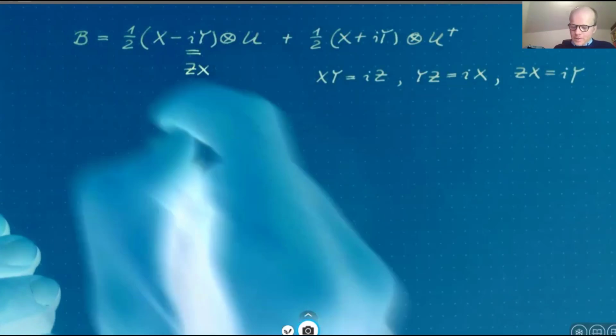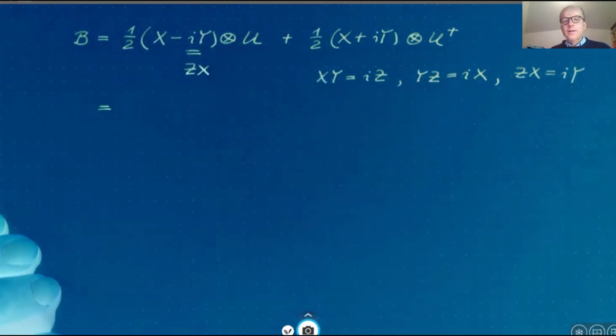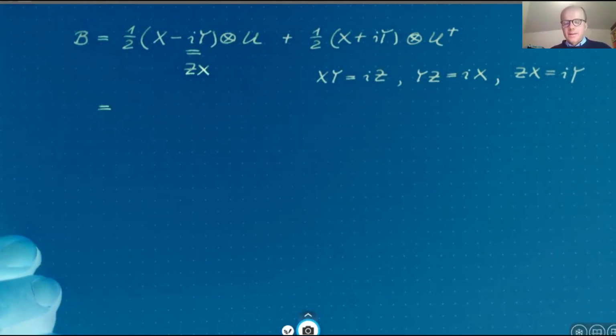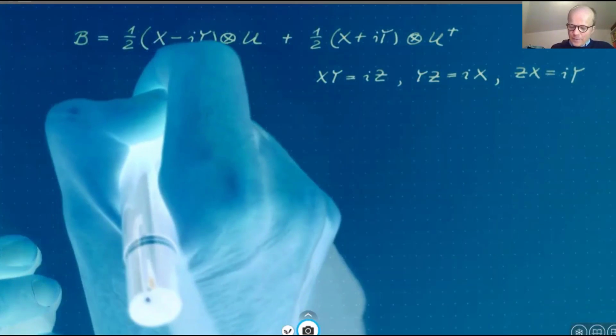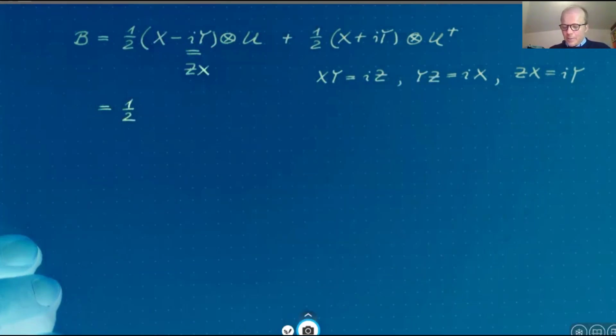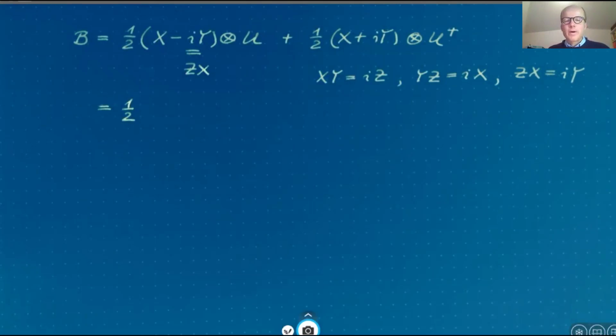This means we can rewrite the observable B as 1/2, and then we have x minus zx. We can factor out the Pauli x.